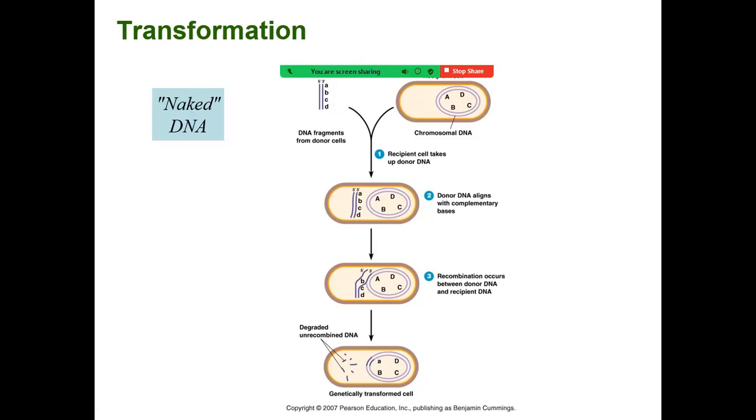Let's say it's just penicillin G resistance. This cell now will become penicillin resistant when it takes up the lowercase a gene and then expresses it. Any question about any of that?